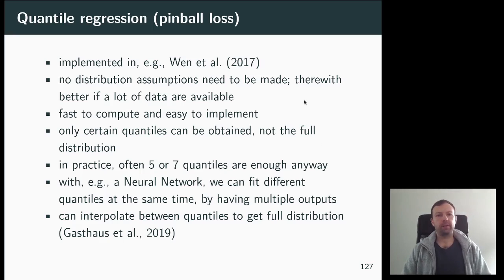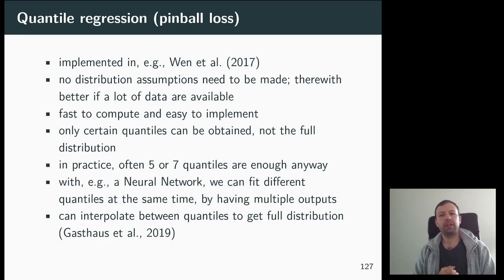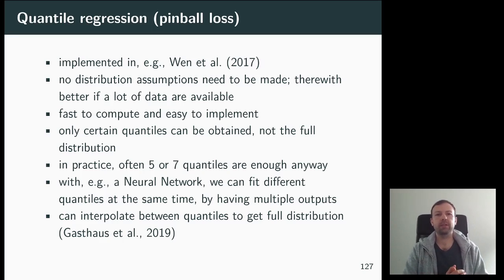And this brings us to the quantile regression with pinball loss. So this is also nowadays done by many people, for example, implemented here in this work by Wen et al. from 2017. The advantage is you don't have any distribution assumptions. So it is good if you have a lot of data available. It's fast to compute and usually quite easy to implement. A drawback is that you can only obtain certain quantiles, not the full distribution.